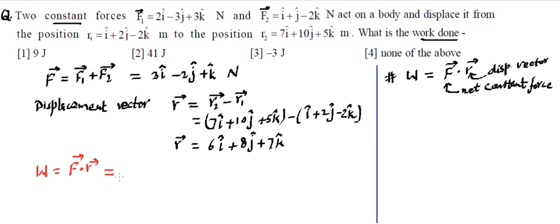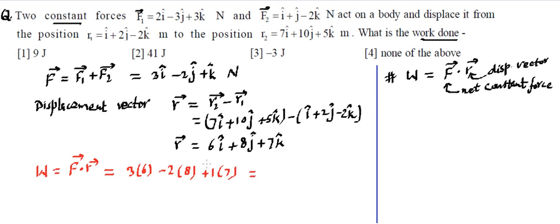You remember this: A1 B1 plus A2 B2 plus A3 B3. We can do that directly. So for F dot R, you just use the rules of the dot product. The i coefficients get multiplied, that means 3 will be multiplying with 6. Minus 2 will be multiplying with 8. And this 1 will be multiplying with 7. You can write it more directly if you want.